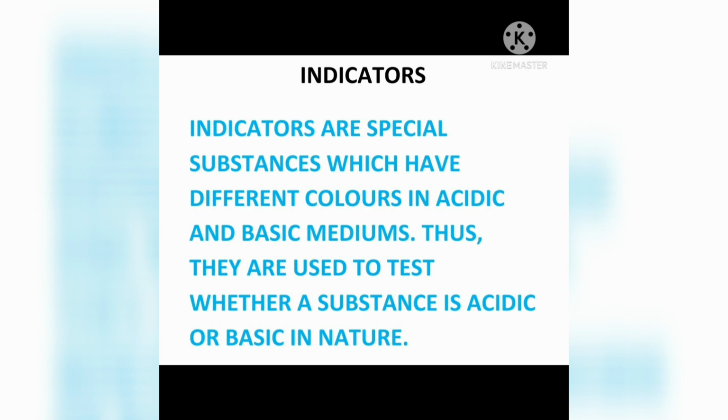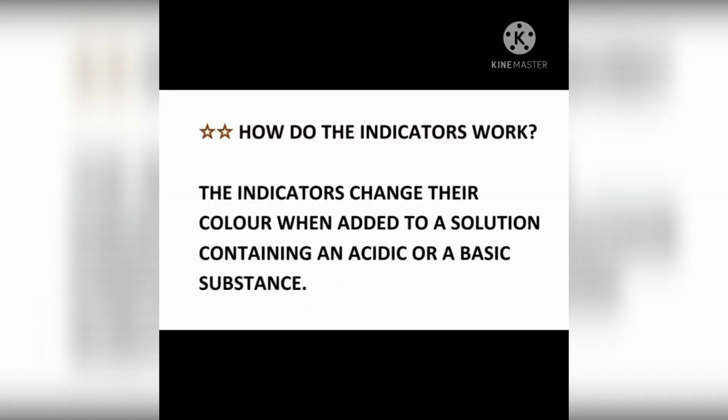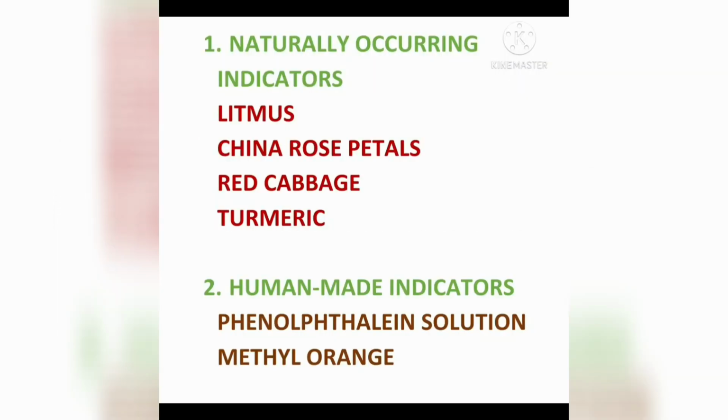These indicators are also known as acid-base indicators. How do the indicators work? The indicators change their color when added to a solution containing an acidic or a basic substance.